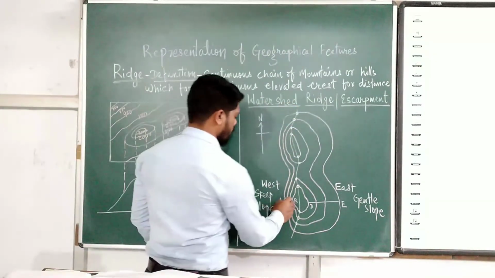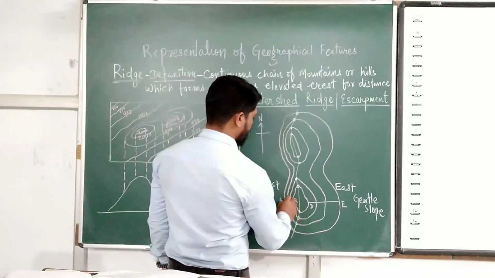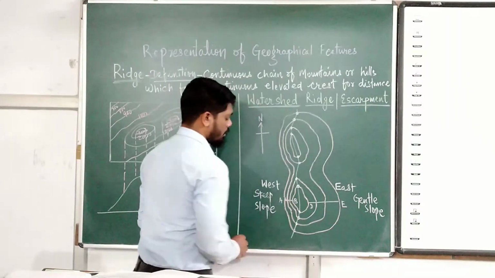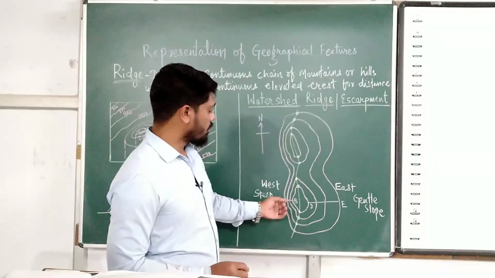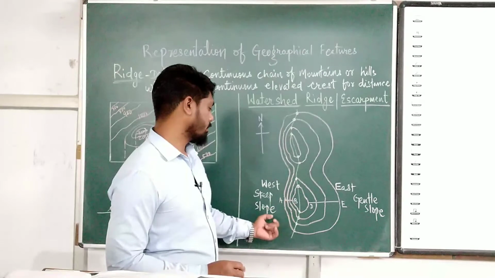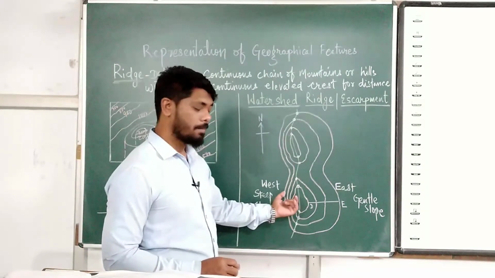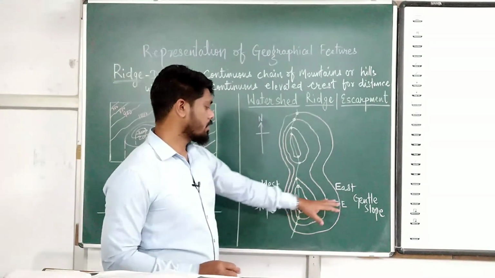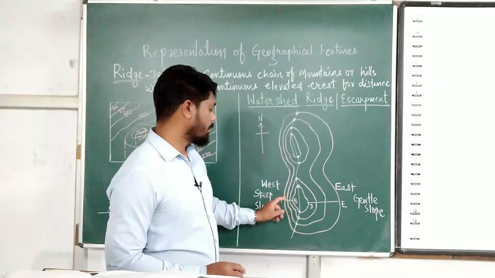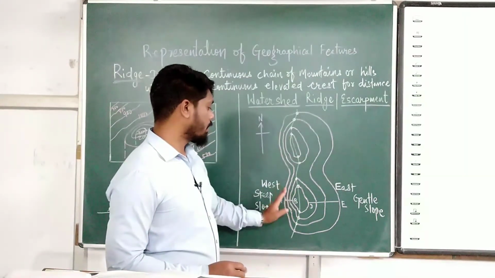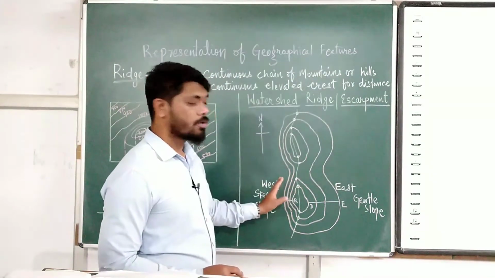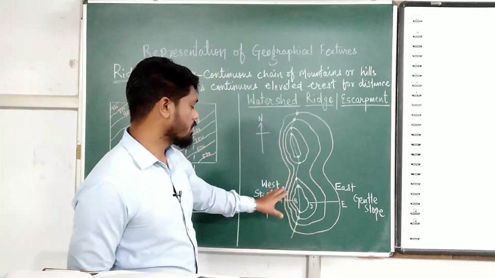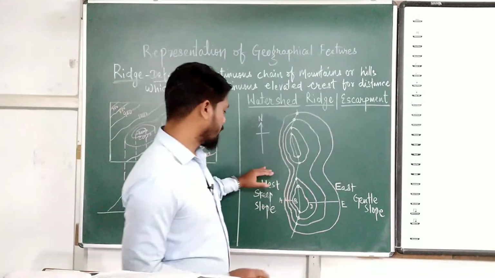You can see A and B, when you compare them, the contours are very close to each other. Though they have the same height of 60 meters, this side also 60 meters, here there is an abrupt rise of the mountain from the mean sea level. That means there is steepness on the west side.